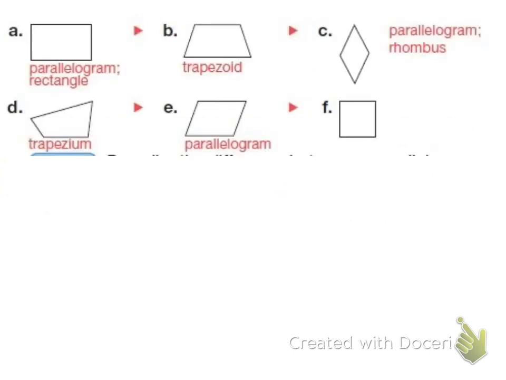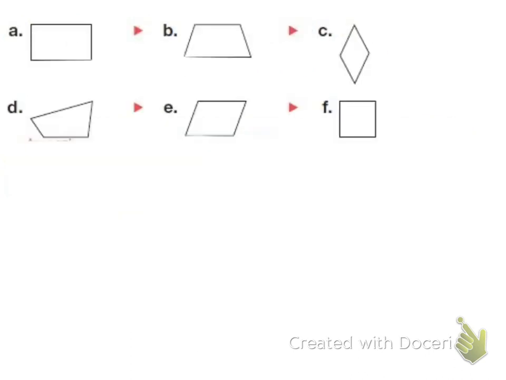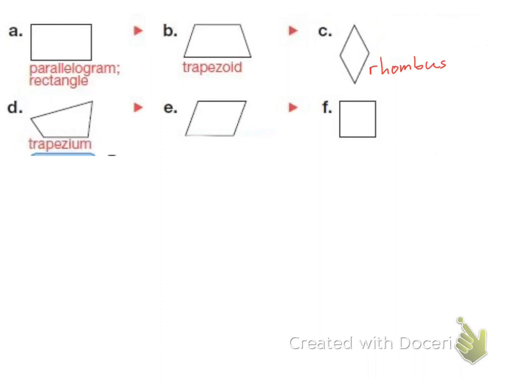All right. Let's go ahead and name these shapes. This one could be a parallelogram or a rectangle. This next one could only be a trapezoid. This third one is a rhombus. D is a trapezium.